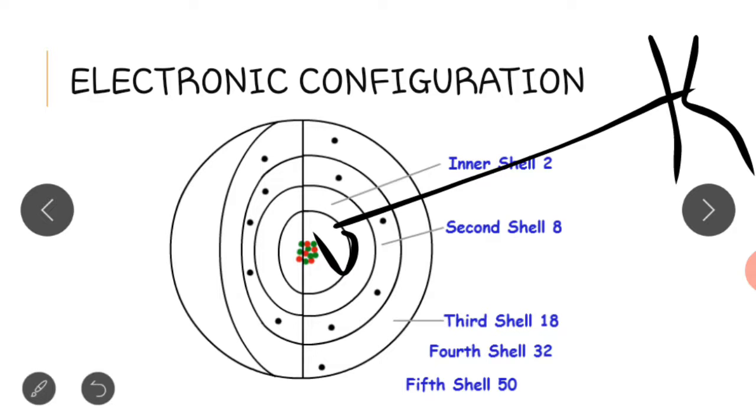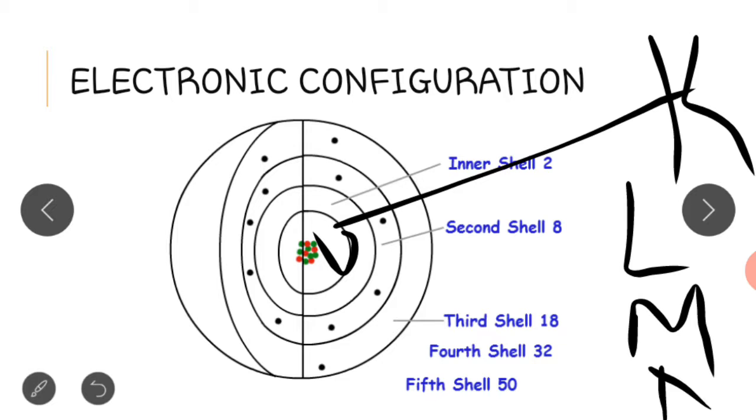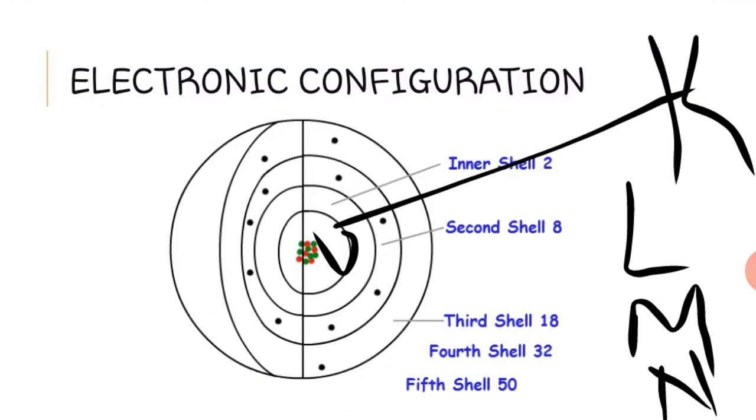The energy level a bit beyond the first one is the second shell, known as L, while the third one is M and the fourth one is N. The energy level K has the lowest energy, while the energy level N has the highest energy if we compare K, L, M, N. So these are the orbits, the places where electrons live.